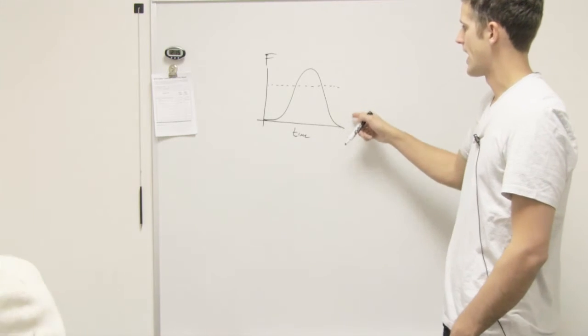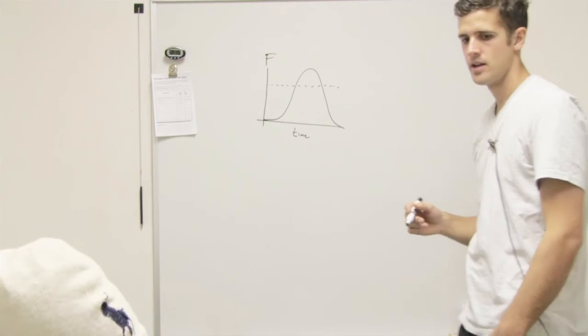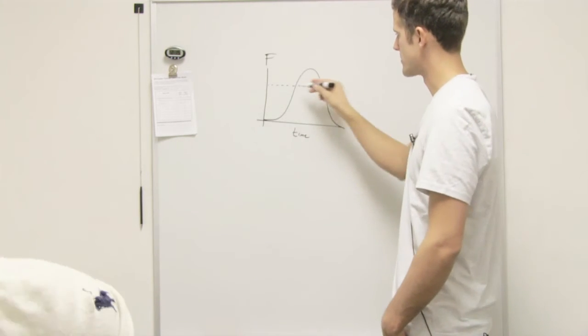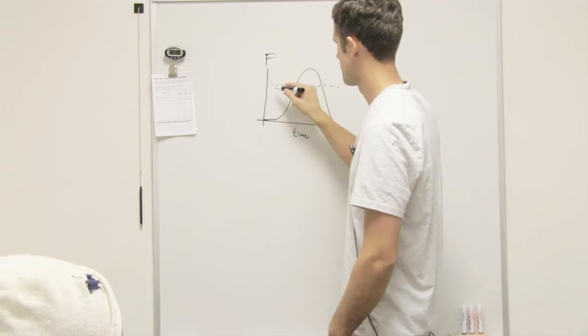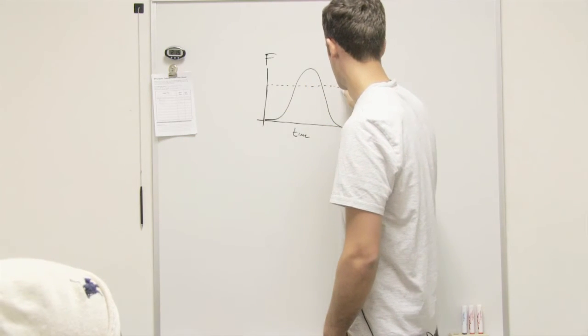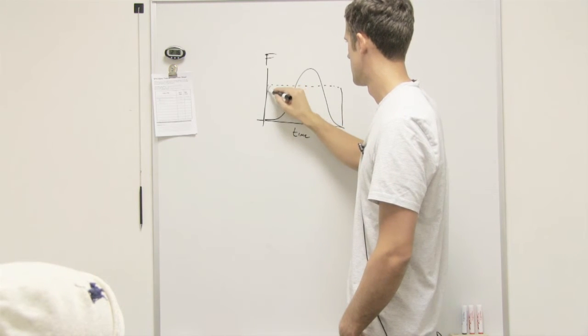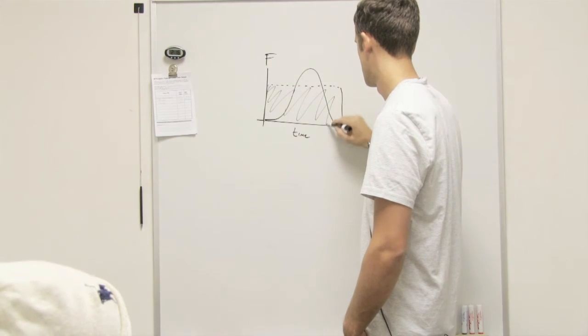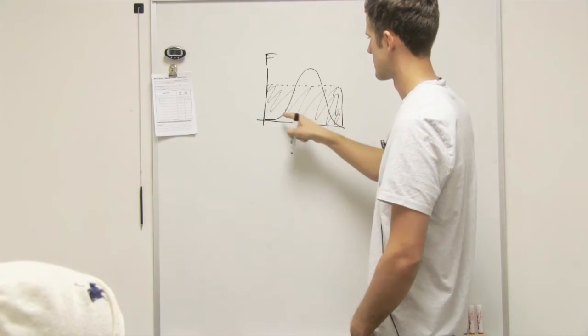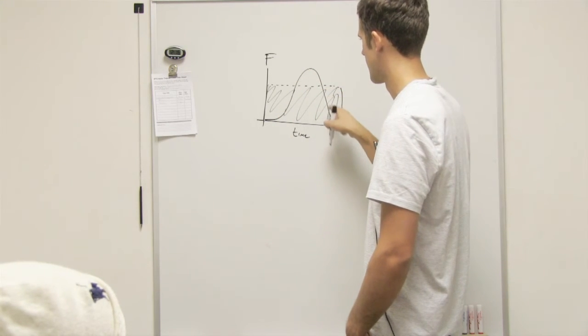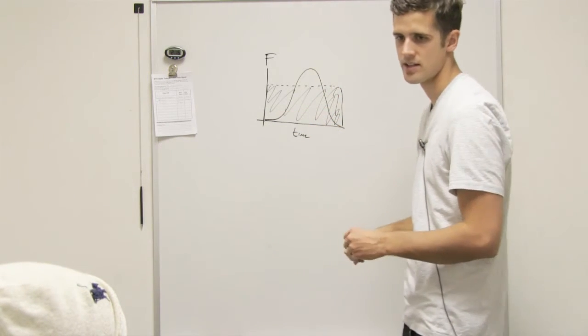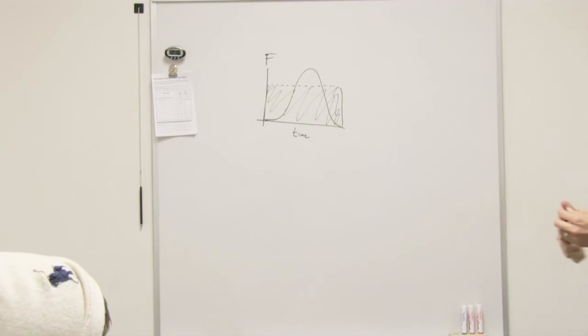So the force will have an average value, and if you plotted that average value across the same length of time, then you could find this rectangle. And that's how we find impulse. And it's the same as the area underneath this. Yeah, so that's one of the ways to find impulse. The easiest way. Yep, definitely.